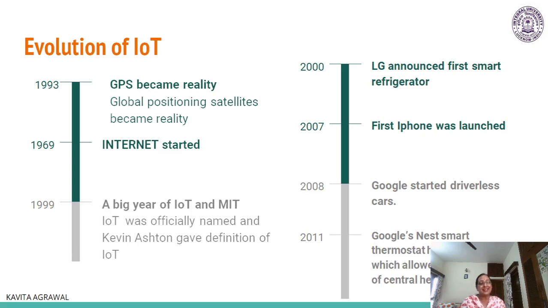In 1999, it was a big year for IoT because IoT was officially named by a scientist, Kevin Ashton, and he also gave the definition of IoT.